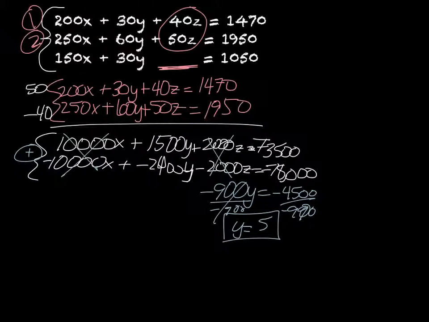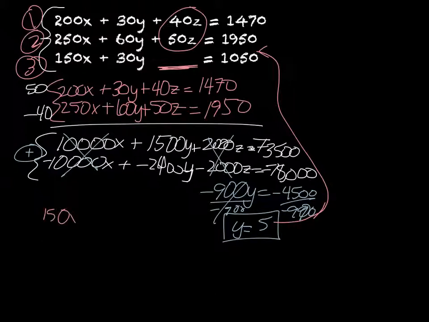Now we want to solve for our other ones. So I'm going to find x by plugging it into my third equation, because it has an x and a y but no z. So I'm going to put my y into my third equation here to solve for x. So I have 150x plus 30y equals 1050.